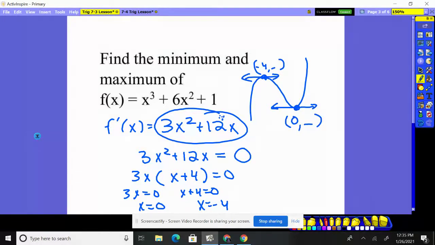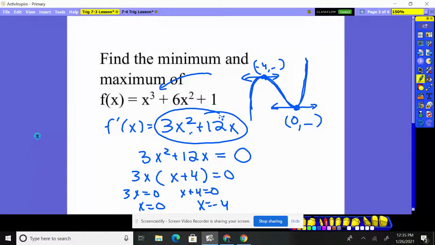Now, how do we find the whatevers? This is just a line right here, and when x is 0, just plug 0 back into the original equation to figure out what f of x, or the y value, is. So we'll plug 0 and negative 4 into the original equation. If you plug them into the derivative, it's going to give you an answer of 0, because the derivative is telling you the slope, and we were looking for when the slope was 0.